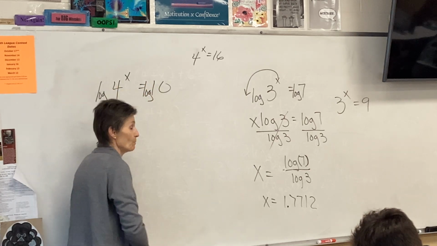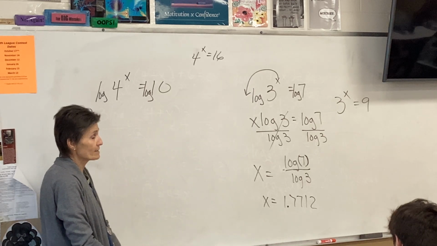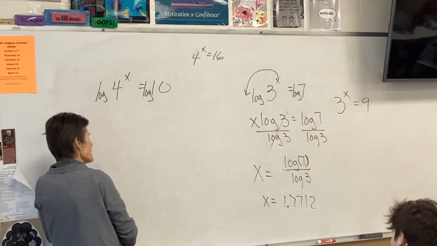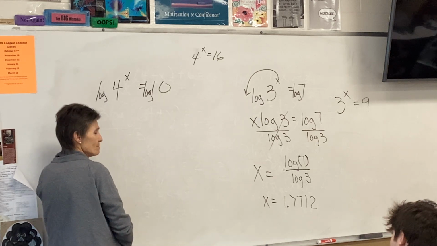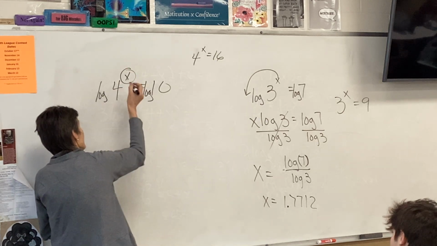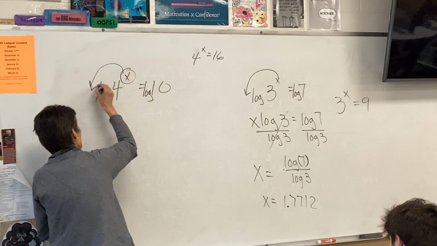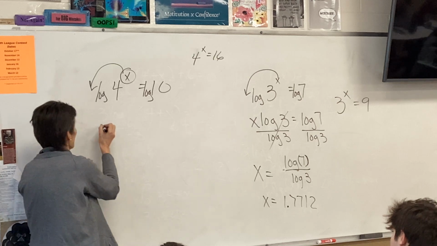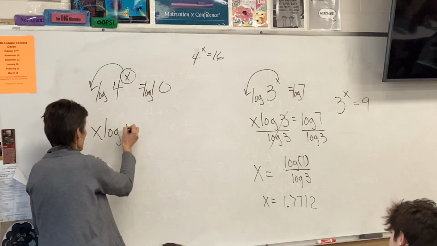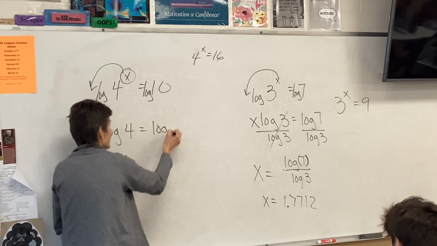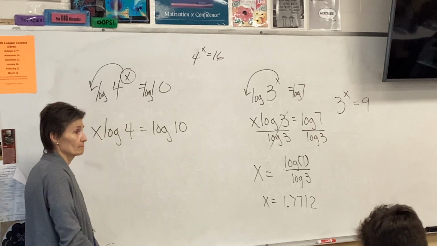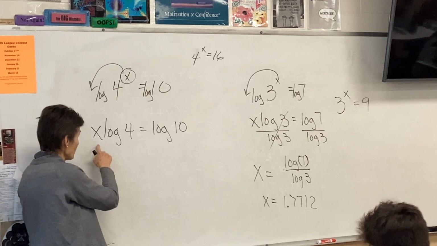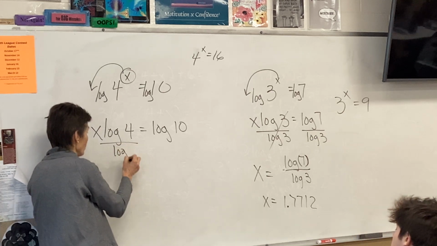So physically write log on both sides. And then our favorite property of logarithms says, if it's an exponent, it becomes a coefficient. So x log 4 equals log 10. And we're trying to figure out what x is, so we'll divide by the log of 4.